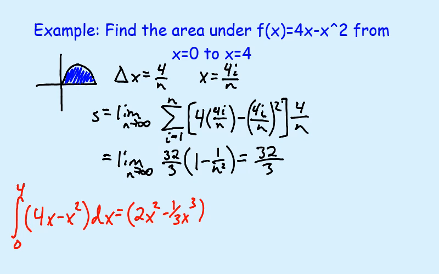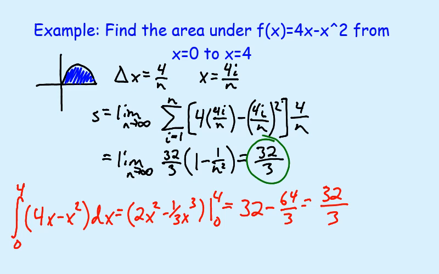Write my straight line, and again, note the boundaries, 0 to 4. I'm going to plug in the value of 4 first into my antiderivative, and then I'm going to plug in the value of 0 into my antiderivative. Now this gives me a total of 32 over 3, which if you notice is the exact same as what we got from the limit definition of the Riemann sum.